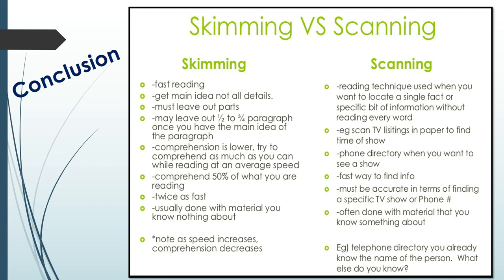Our eyes focus on that point. We also use it when using a phone directory. It is often done with material that you know something about, material you are usually familiar with. It's not unknown material to you. And this is the difference between skimming and scanning. I'm not going into the detail of that; it is already mentioned.